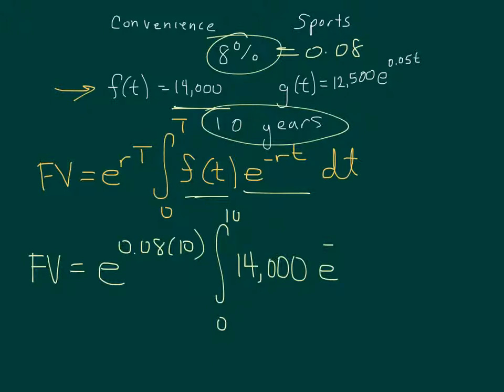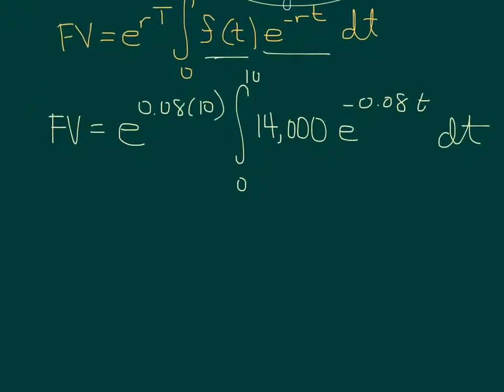Again, my rate is 0.08, and t is my variable of integration. From here, I'm going to find the antiderivative and then start plugging everything into my calculator and get an answer.